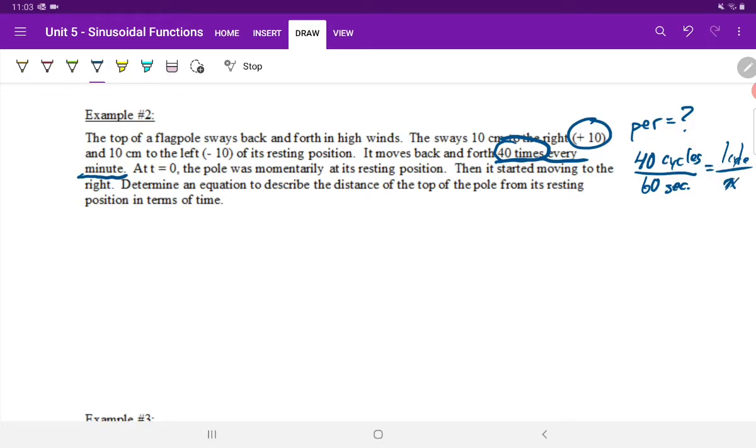That's what's going to give us our period, the time for one cycle. So if we know that it does 40 cycles in a minute or 60 seconds, we want to find out for one cycle, how fast can this happen here?